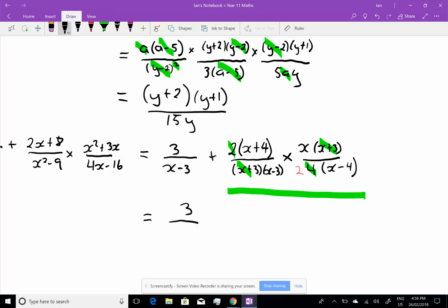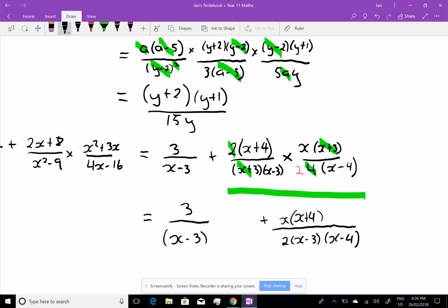I've got 3 on x minus 3. I'm going to put that in brackets. I'm going to leave a bit of a gap because over here I've got x plus 4 on the top times x, and on the bottom I've got 2 times x minus 3 times x minus 4.